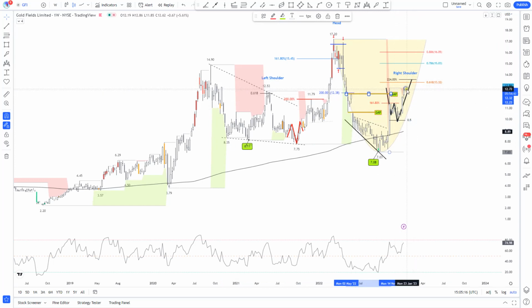Actually, we have a new higher high in this session today, printing a new weekly higher high, as you can see. So one approach to the 224% Fibonacci extension may produce a retracement.